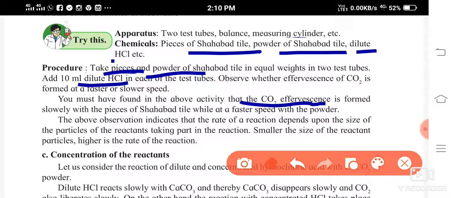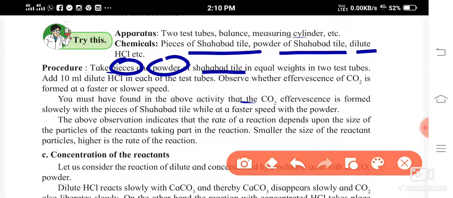The above observation indicates that the rate of reaction depends upon the size of the particles taking part in the reaction. When you add hydrochloric acid to the pieces and to the powder of Shahabadi tile, the effervescence is fast in the powdered form and a little slower in the pieces form.